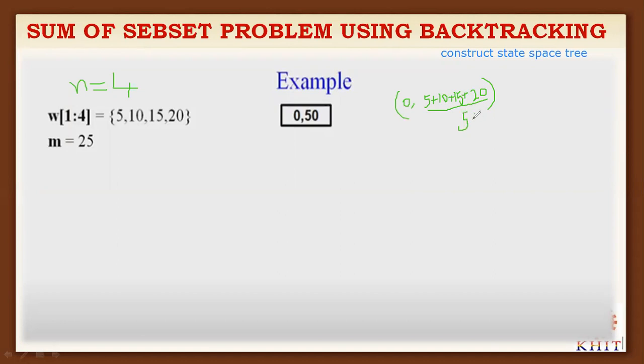So here this 0 will indicate that no item is selected, and this 50 indicates the total weight. So the root value is 0, comma 50: 0 means no item is selected, the total weight is 0. If all elements are selected, the weight is 50.